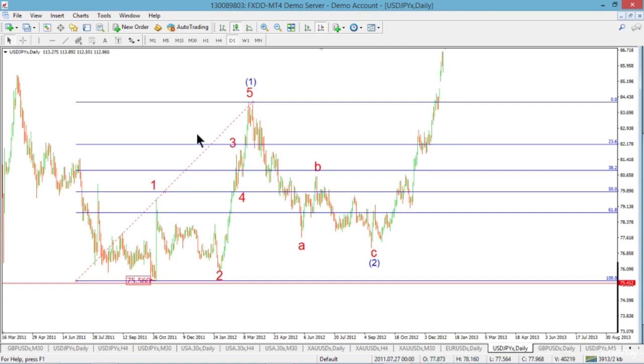So it gave us price targets at between 50%, 61.8%, and into the price territory of wave 1 of one lesser degree. You can see that the correction made all those waypoints very quickly, and wave A even pushed down right into the price territory of one lesser degree.